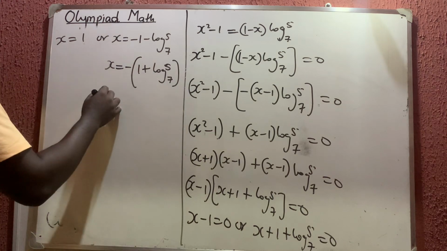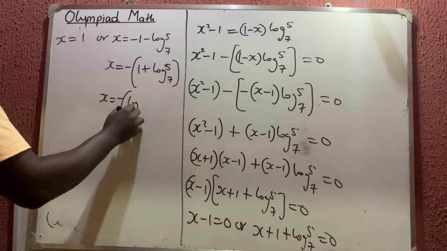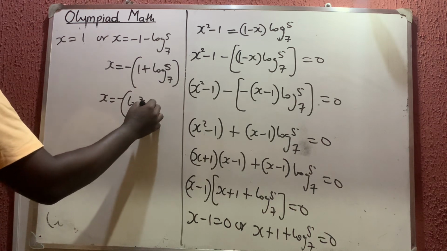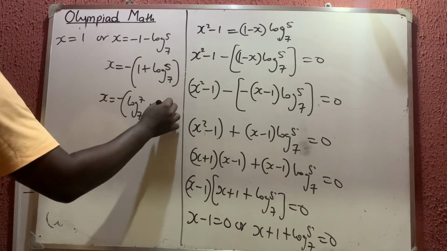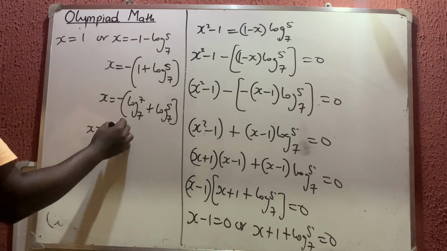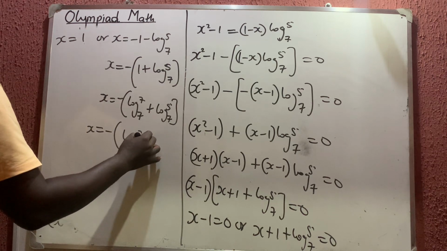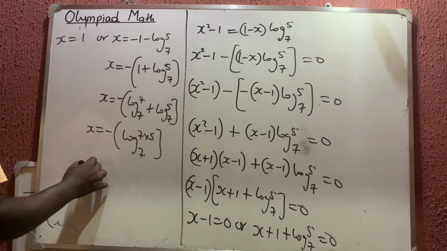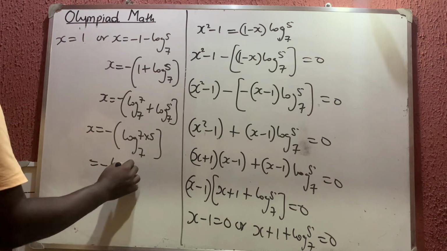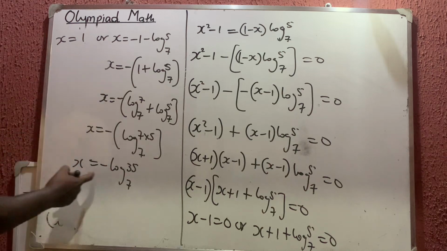Okay, which could be x is equal to minus into, this could be written as log 7 base 7 then plus log 5 base 7. Okay, so this is x is equal to minus into log, if the base are the same thing, I can say 7 times 5. Okay, so this will be minus log 35 base 7. So x is 1 or this.